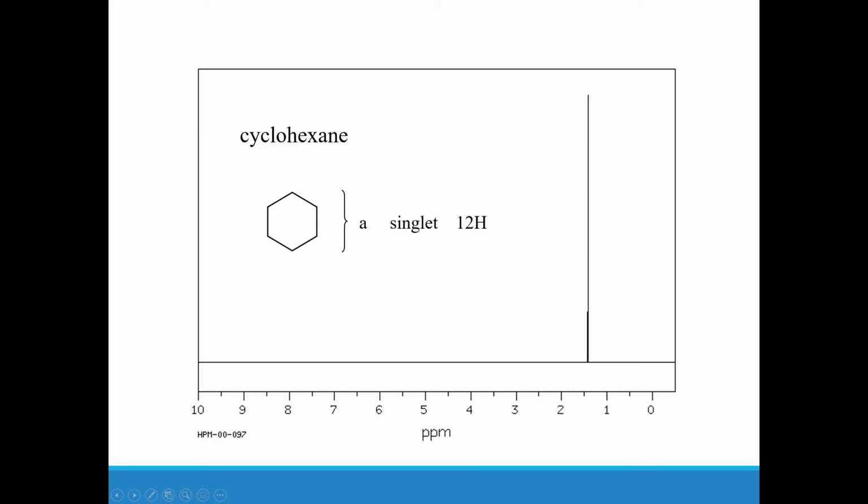All right. So now let's actually look at the NMR spectrums so we can see what they look like. So here we have our cyclohexane, which appears as a singlet. And remember that these are sp3 hybridized, so they should appear a lot more upfield than on the benzene ring.